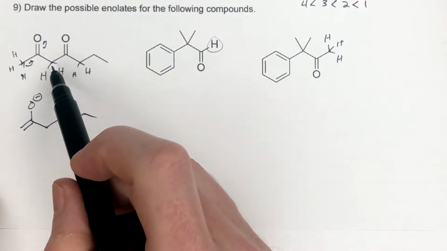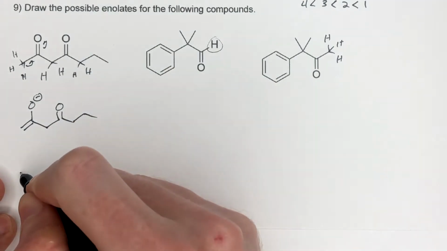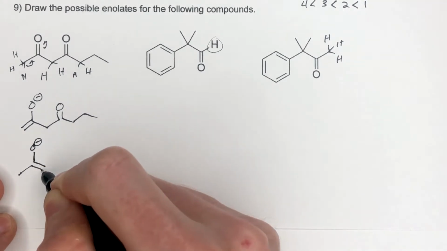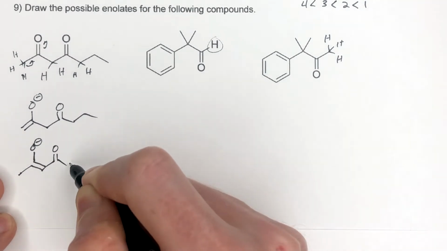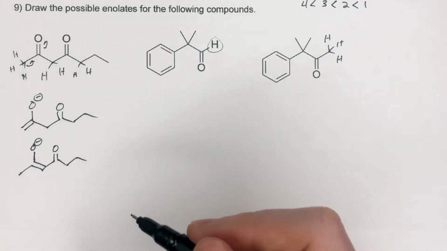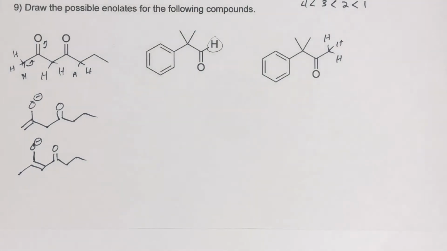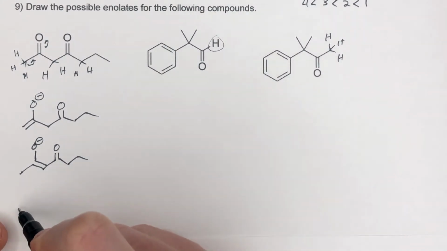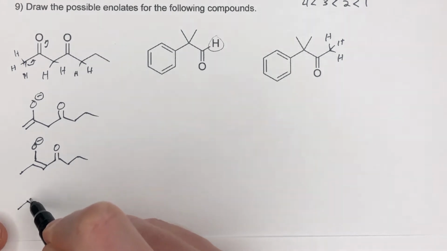Okay, now we can remove this one here. And now this one's kind of unique because you can form a cis or trans isomer here. So this one is cis, but you could also have the trans.